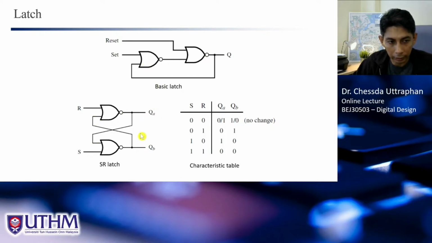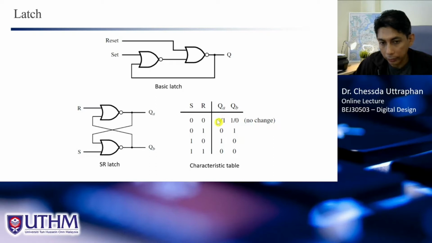So this is what we call the SR latch, or set reset latch, and the circuit that we usually use looks like this, and this is the characteristic of this SR latch. You actually learned this already in digital electronics. So this is just a revision, where we can see that the behavior is like this: if S equal to 0 and R equal to 0, the output is actually no change.